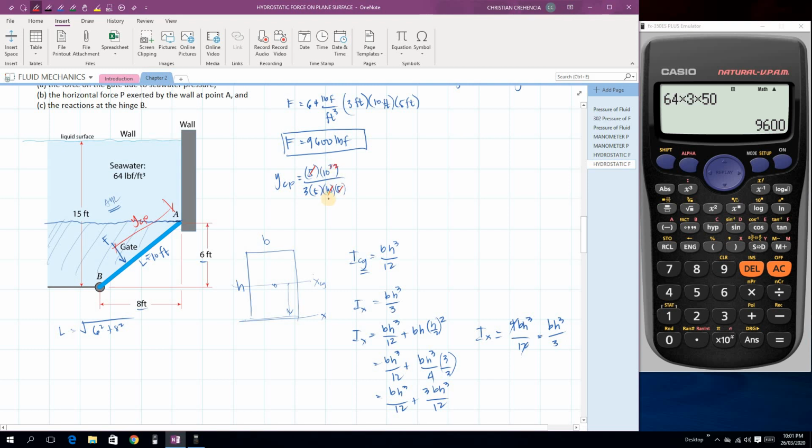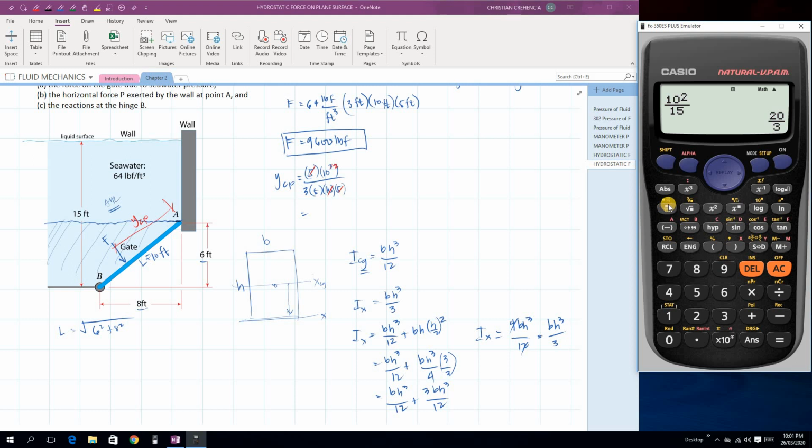Cancel na natin yan. Okay. Then we will have so meron tayong 10 squared over 15. Tama? 10 squared over 15.